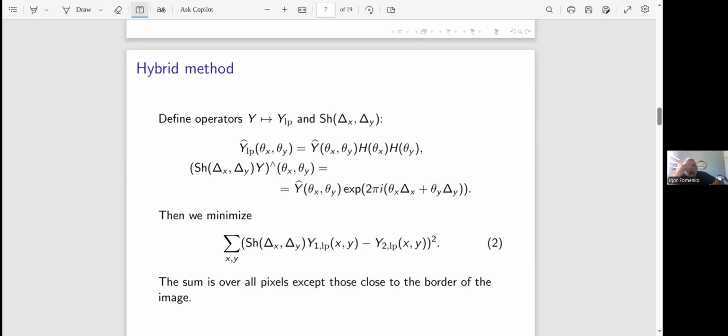Now I am confused. What is real? Is the shifted function of delta x, delta y a real number or a complex number? No, it would be complex because you have the exponent. But it is written squared, maybe absolute value and then squared. Maybe I have to check it.